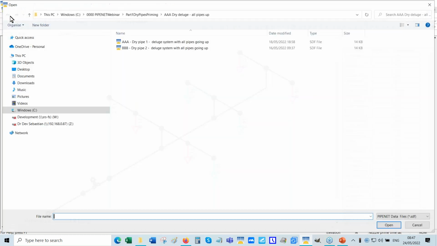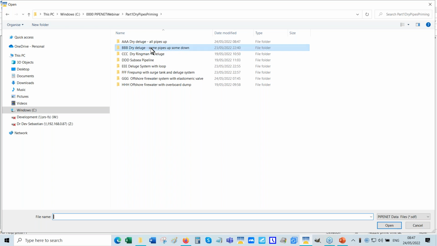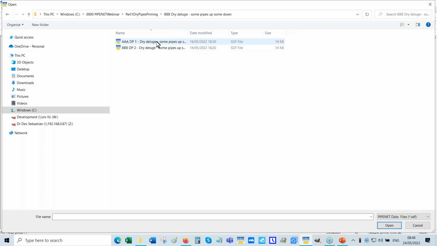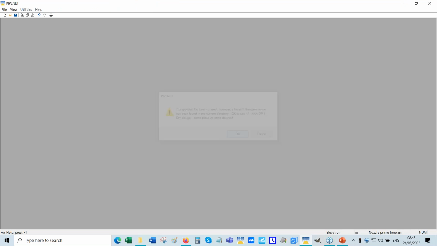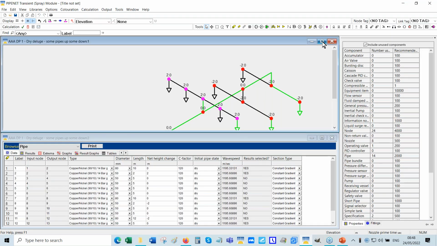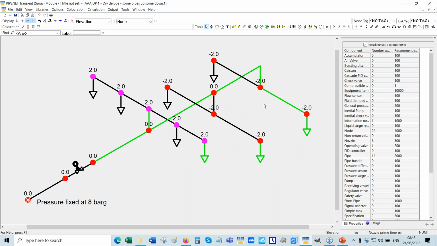Let's go on to the second example. It's very similar to the first example, except it shows the elevation, and you can see that this part of the system is lower than that part of the system.